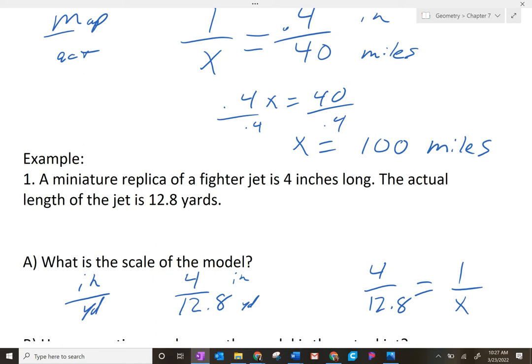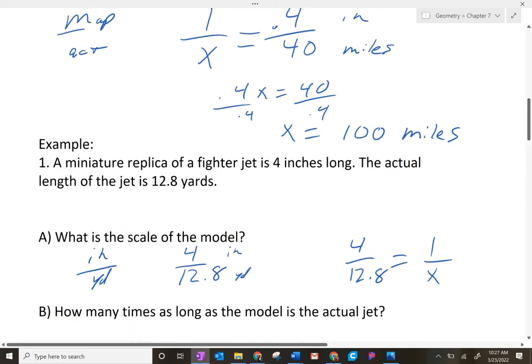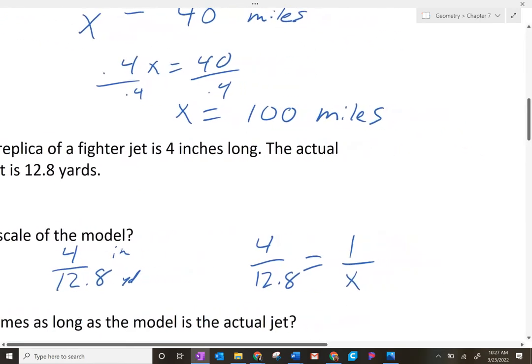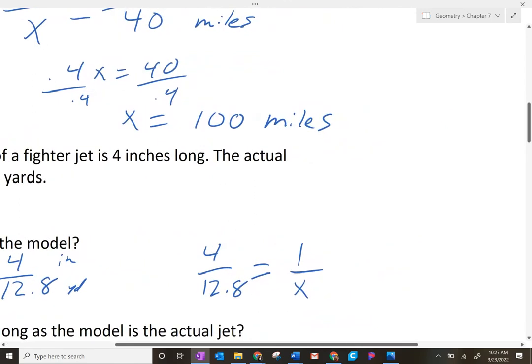Otherwise, I think some of you guys kind of caught it right away. What else could I do without having to set cross multiplication up? I'll do it this way, and I'm going to show you the next shortcut trick. Okay, I'll do cross multiplication. I got 4x equals 12.8.